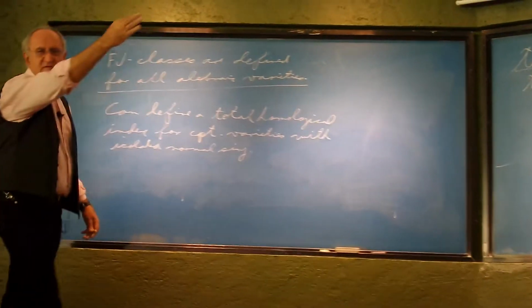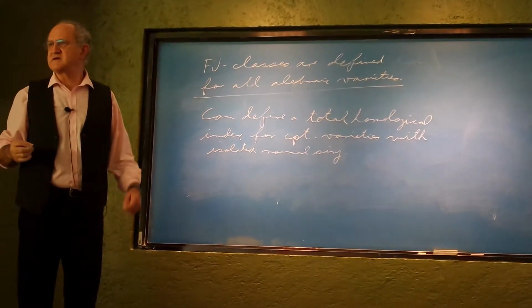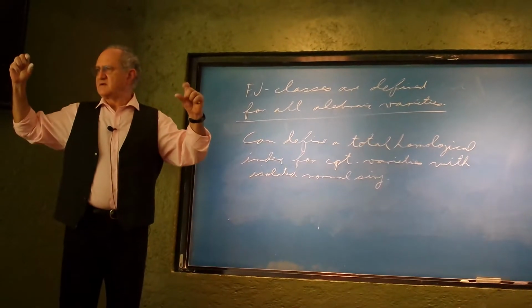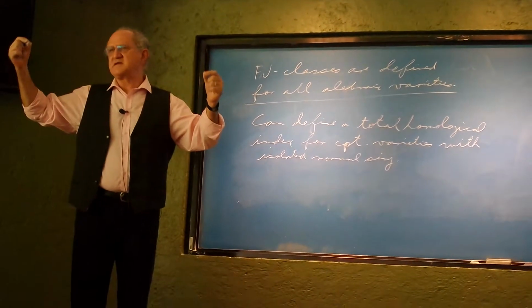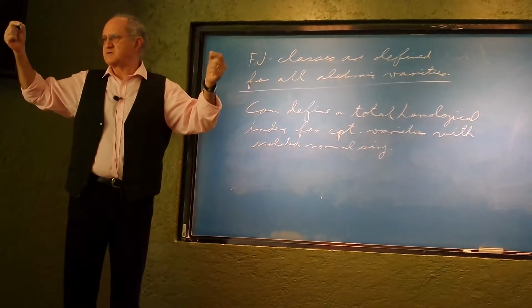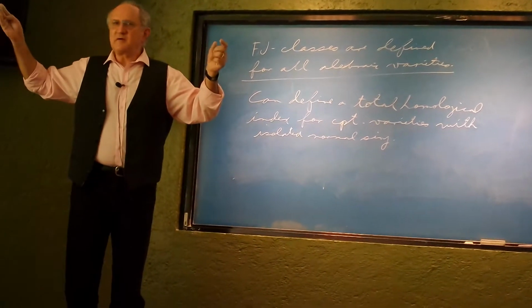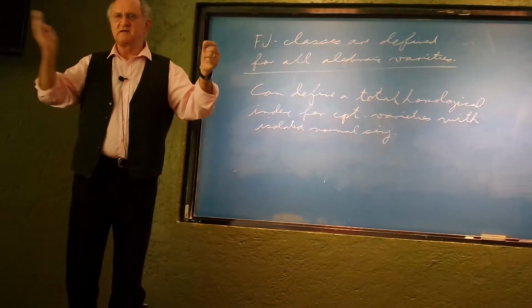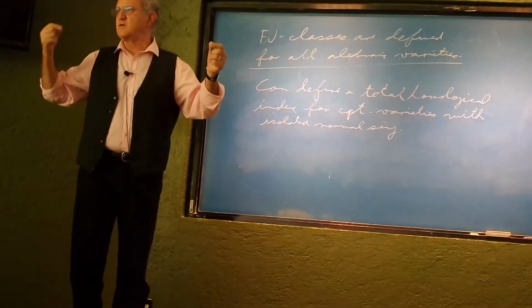How do you do it? Just as I did for the GSV index. At each singularity, you choose one holomorphic vector field, whatever you want. Now you extend it to a continuous vector field on the smooth part with isolated singularities.